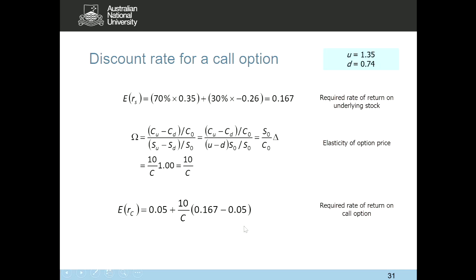So first of all, does everybody understand this will be the discounting rate? Does that make sense to everybody? So this is the discounting rate that we're going to use to discount expected payoff.